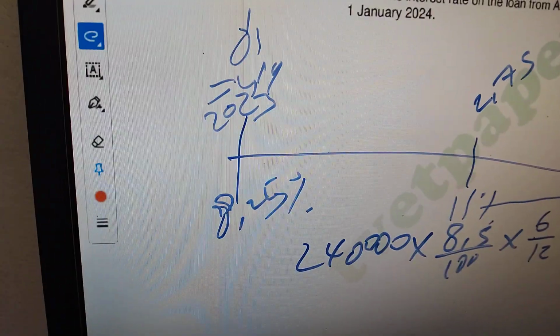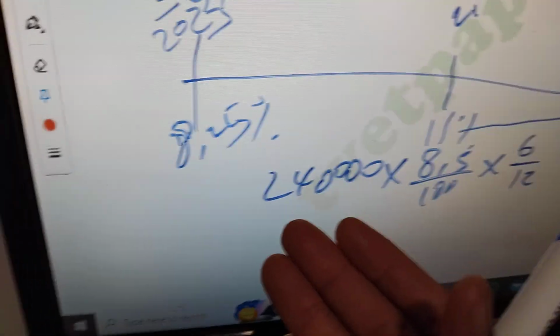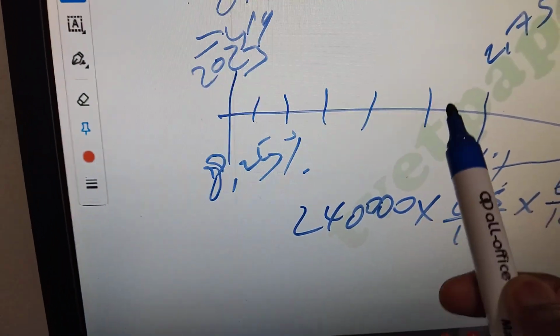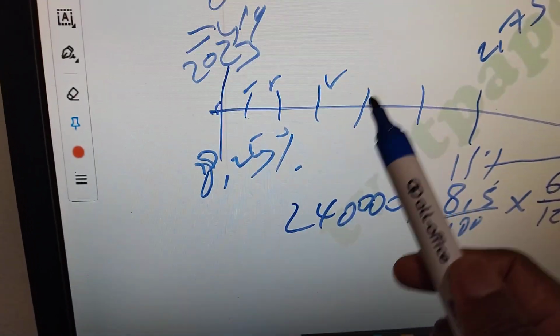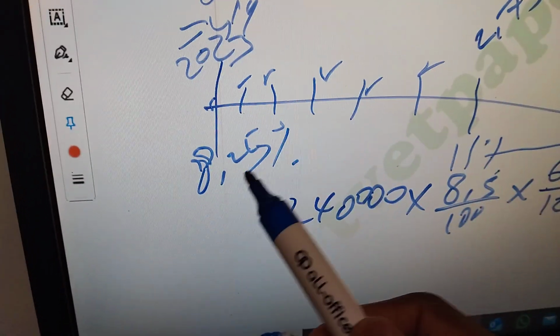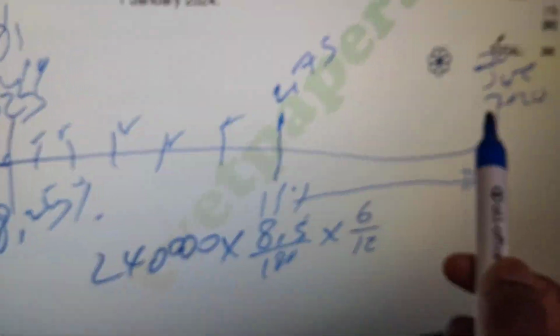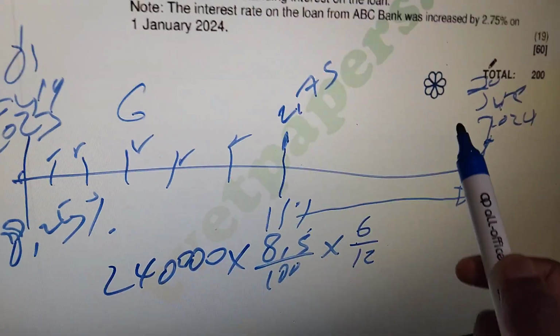It was there for 6 months: July, August, September, October, November, December, which is 6 months. I get 1, 2, 3, 4, 5, 6.